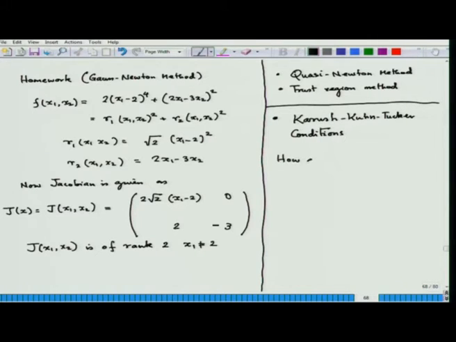How do I characterize a point if I know it is a local minimum of a constrained optimization problem?